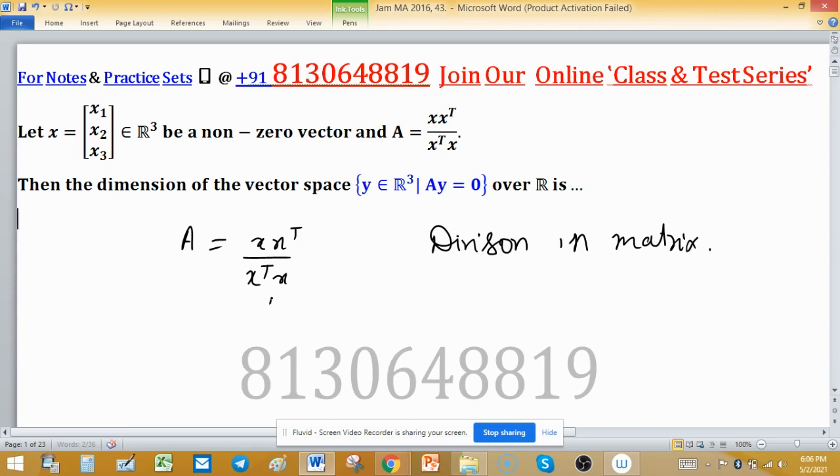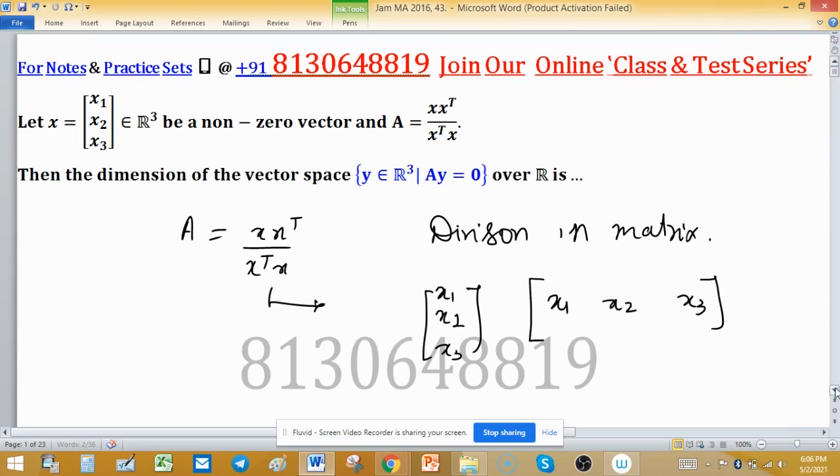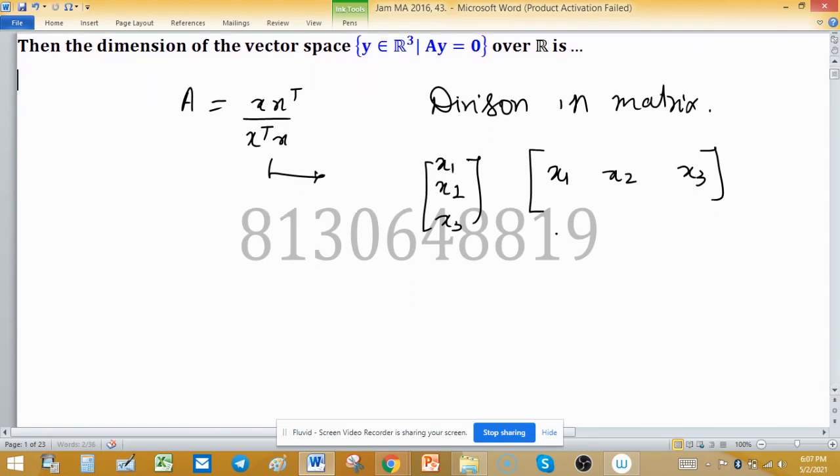Then what is this? If x is this column vector x1 x2 x3, then its transpose will be x1 x2 x3. Now take the product of these two matrices, because this is 3 by 1 and this is 1 by 3. So these two matrices are compatible for product, and the resultant will be a 3 by 3 matrix.